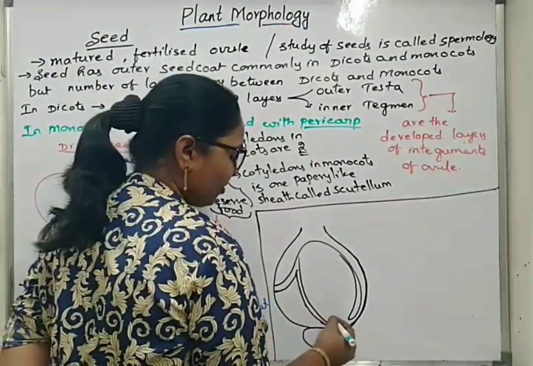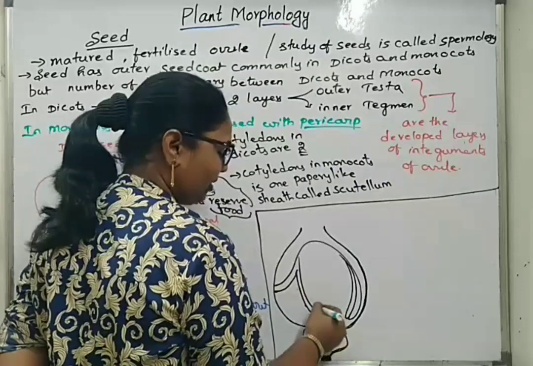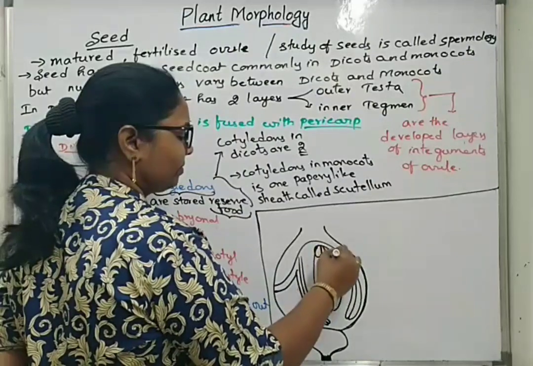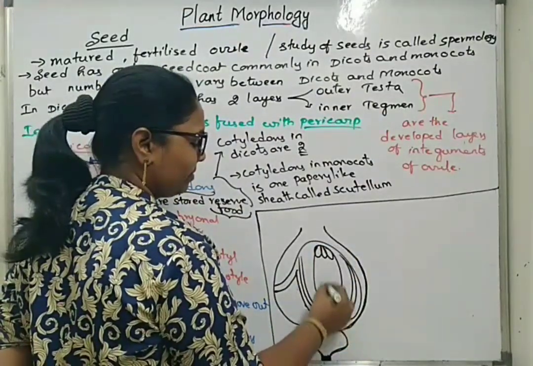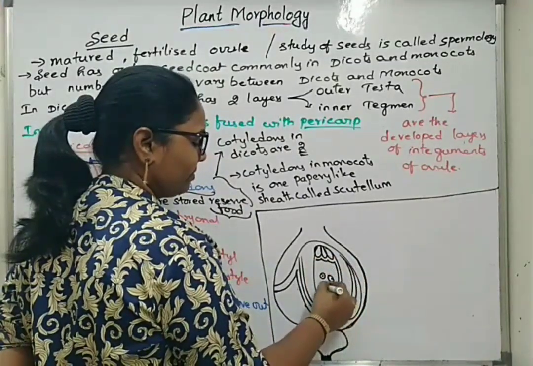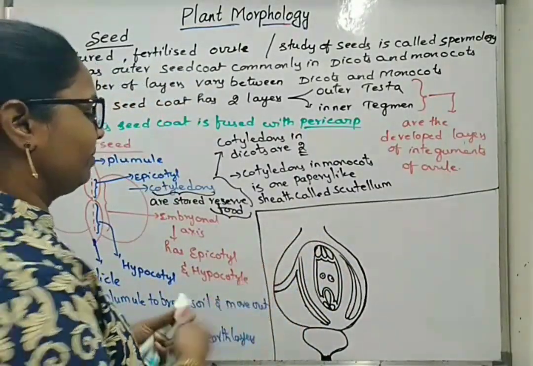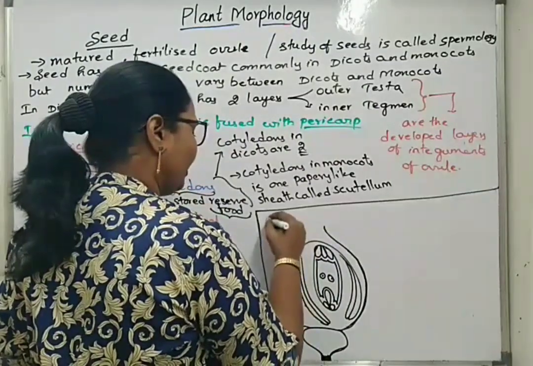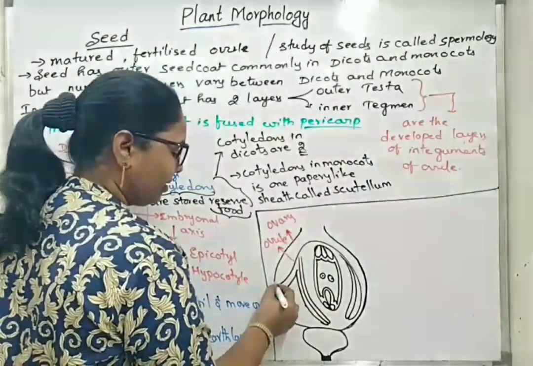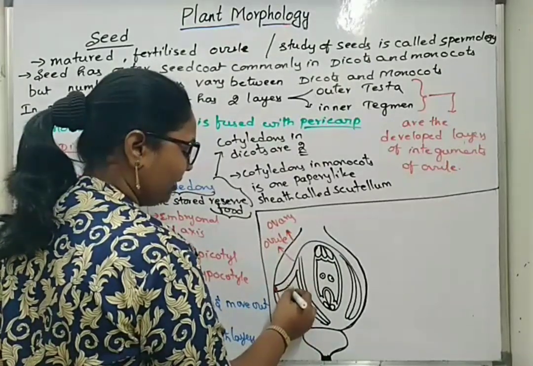We will see which parts of ovule have been converted into other parts of seed. So we will write 2 integuments, embryo sac, this is ovary, this is ovule, here will be placenta, and this is funicle.